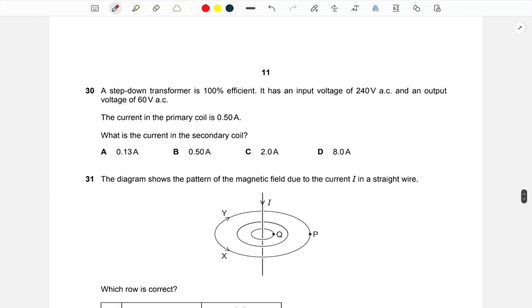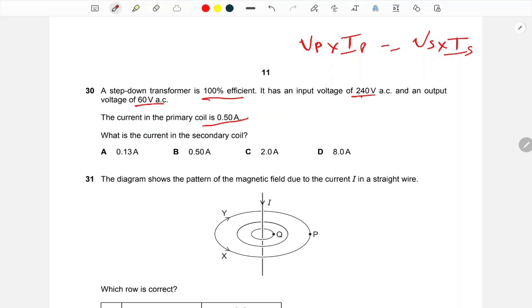Number 30. A step-down transformer is 100% efficient. It has an input voltage of 240 volts and an output voltage of 60 volts AC. The current in the primary coil is 0.5 amps. What's the current in the secondary coil? So if a transformer is 100% efficient, that means the voltage in the primary times the current in the primary is equal to the voltage in the secondary times the current in the secondary.